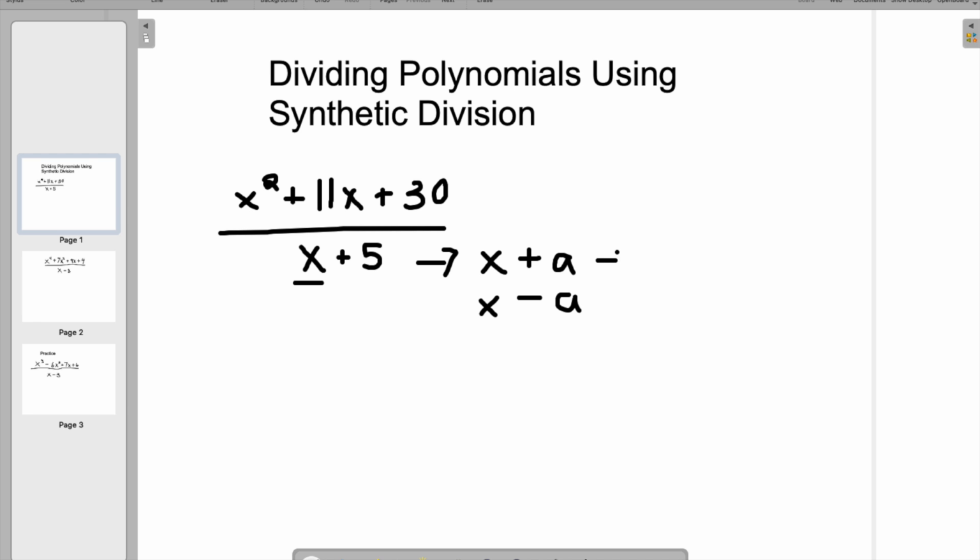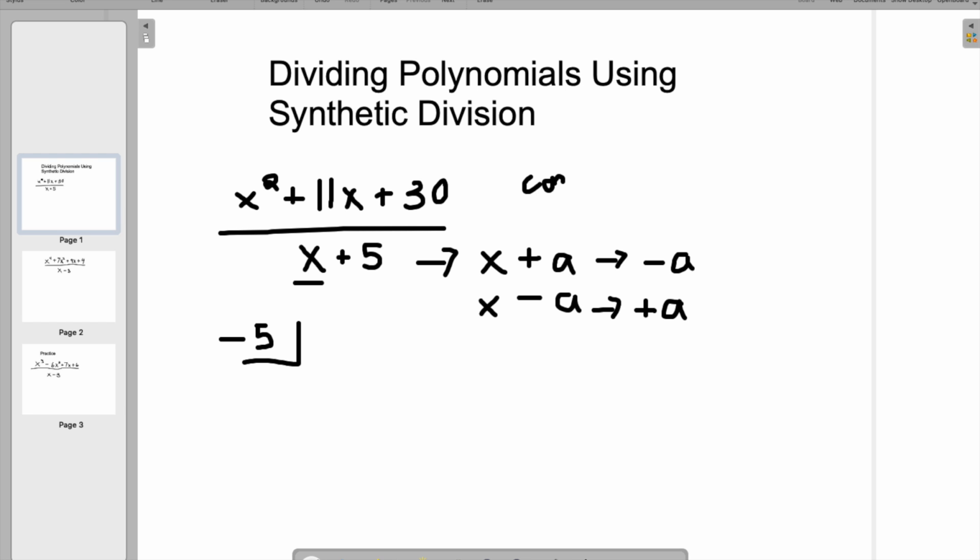And on the left side, you're going to write an L for the synthetic division side. And you want to make sure it's the opposite sign. So since it's x plus 5, we're going to write x minus 5. What's different about synthetic division from long division is that you're just going to write the coefficients.